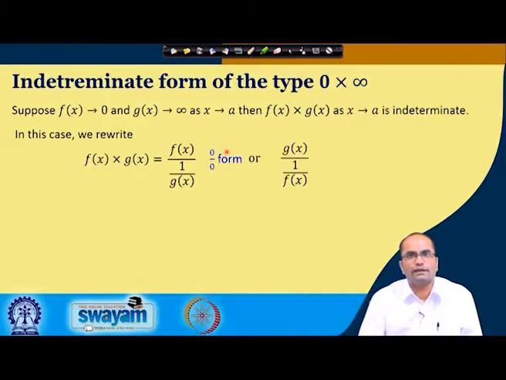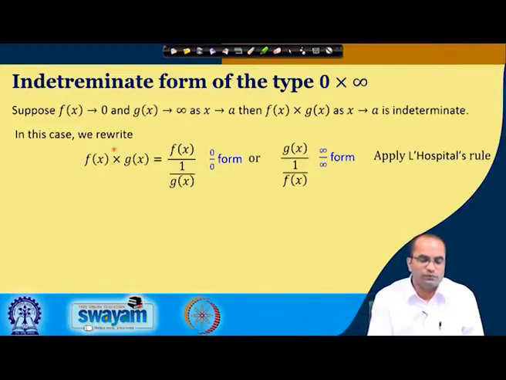We can also keep g x in the numerator and take f x in the denominator as 1 over f x. Then g x goes to infinity and, since f x goes to 0, 1 over f x also goes to infinity. So we have the infinity by infinity form, and in either case we can apply the L'Hopital rule.